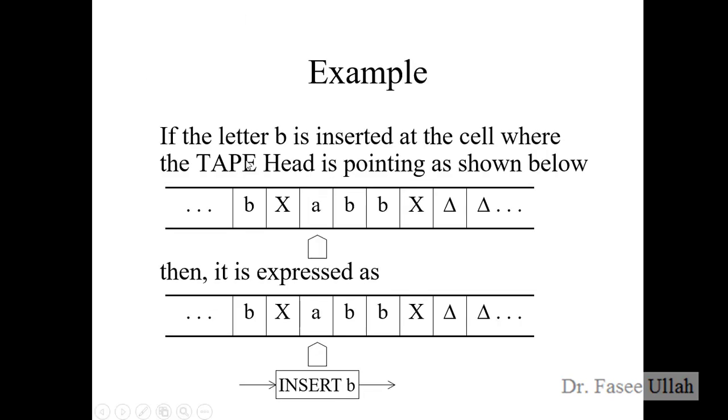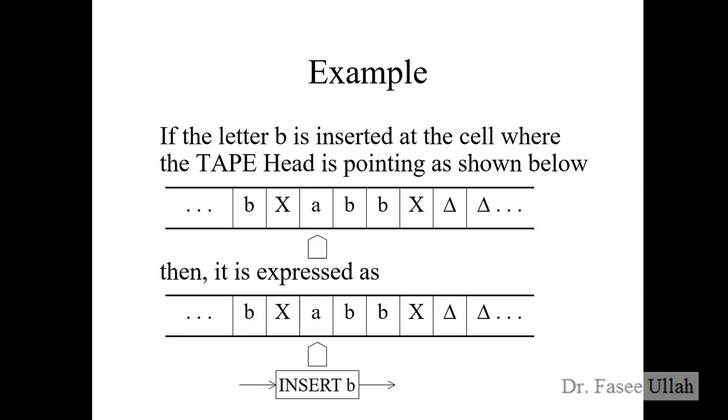If the letter B is inserted at the cell where the tape head is pointing, at the moment the tape head is pointing here. We want to insert B in this position, and shift this A and the rest of the elements or string towards the right by one position each.